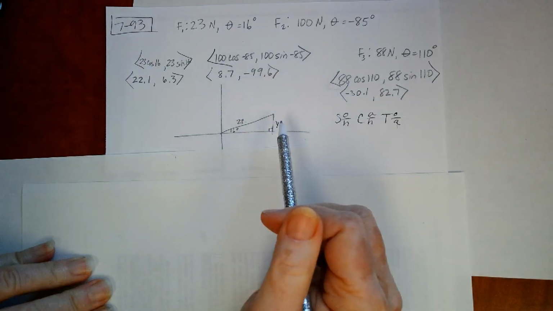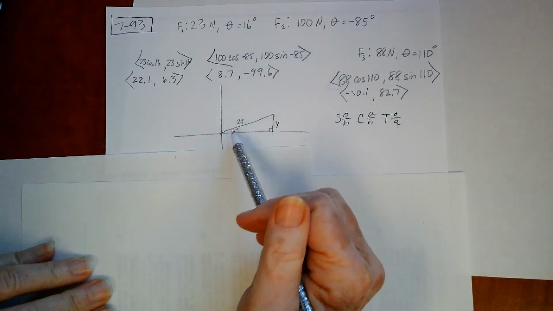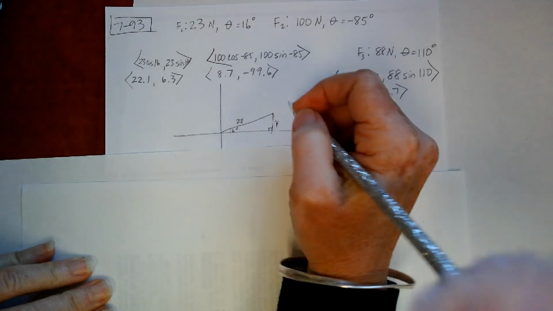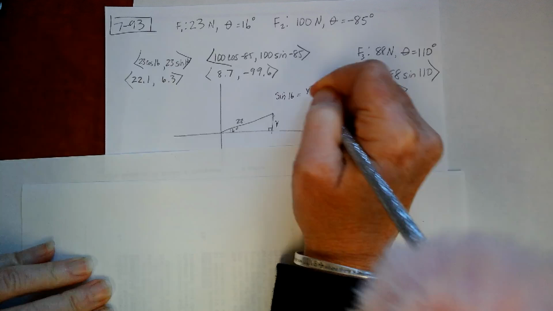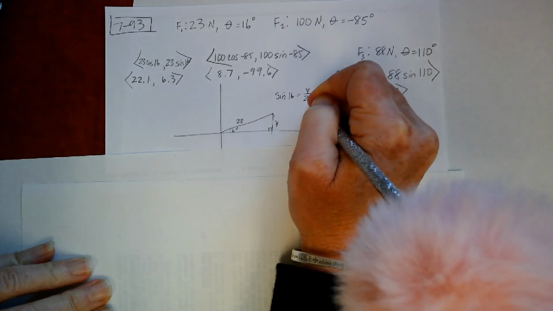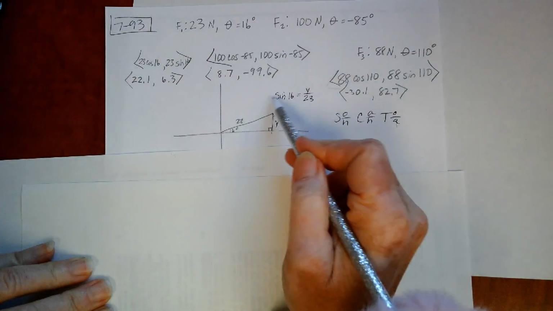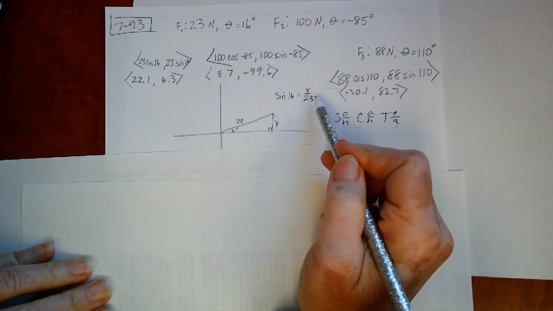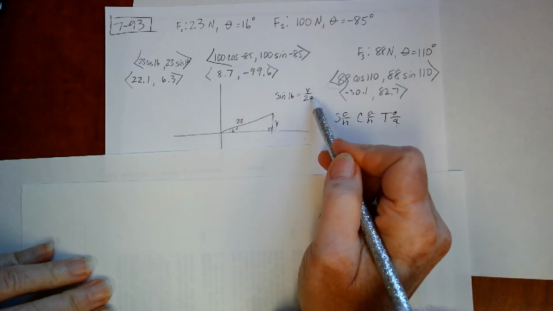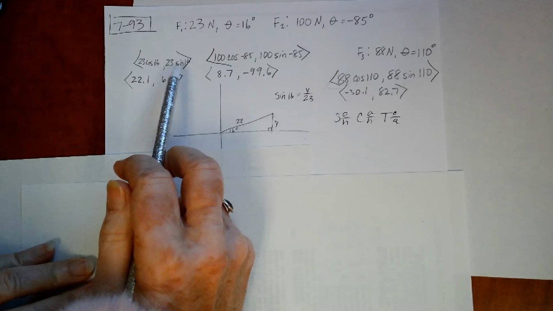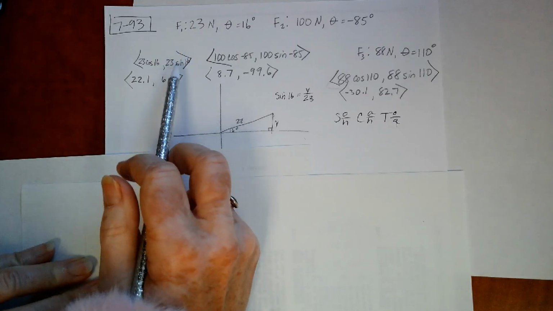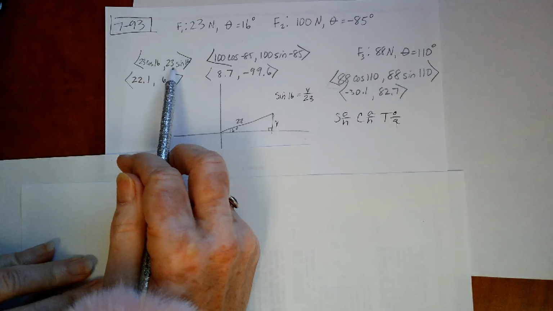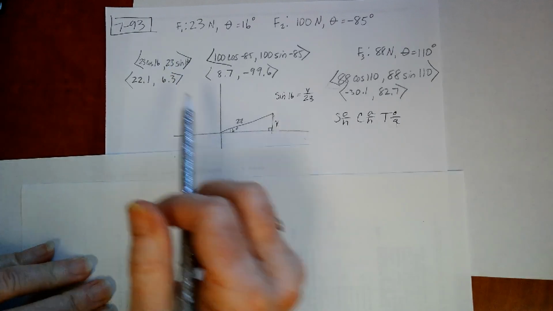Let's write this all out. Sine of 16 is opposite over hypotenuse. And then if I multiply both sides by 23, which is the hypotenuse, I get that the vertical component is 23 sine 16.